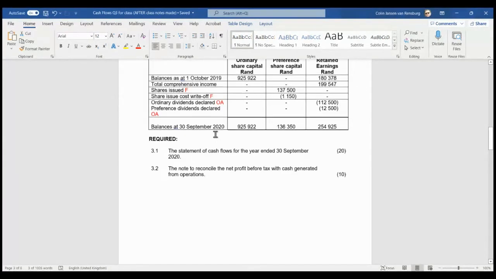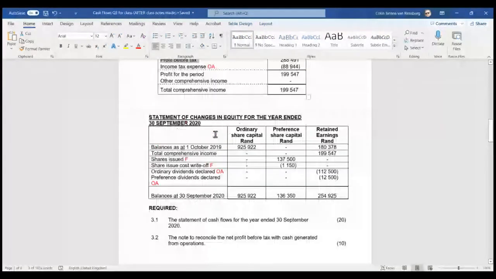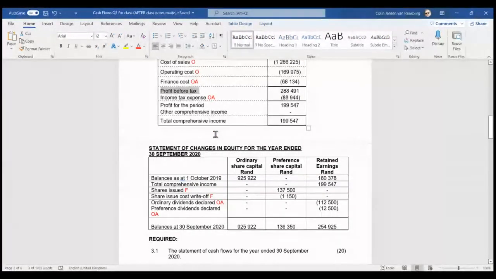would be to go and reconstruct those ledger accounts. So, ladies and gentlemen, normally I would now start with the rest of the statement, the movements in your working capital or changes in working capital. But in this particular question, they haven't provided us with the depreciation amounts, right?